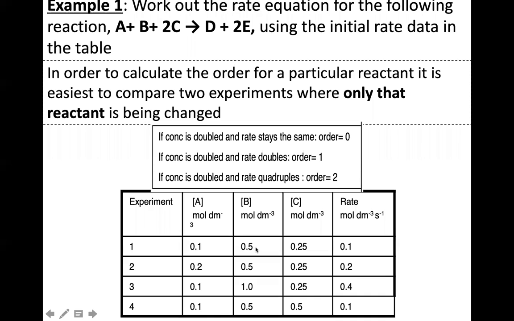The reason for this is you want to know the effect of that particular reactant on the rate. If you start changing the concentration of 2 reactants at the same time, which you have done in the homework, I just realized that we haven't gone through the example yet, we see it as a combined effect.